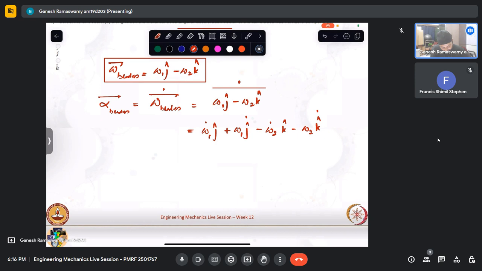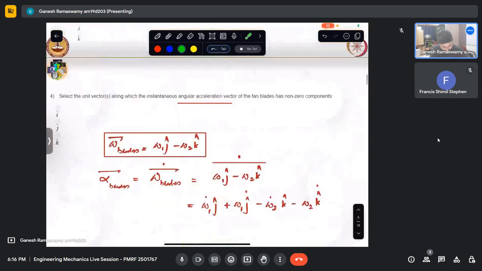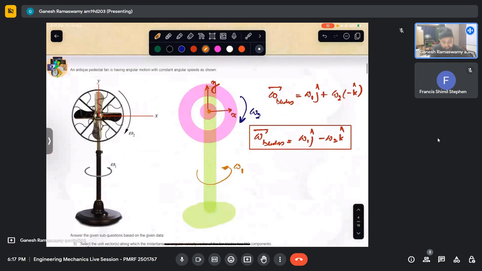Now we have been given in the question that all are dealing with constant angular speeds, which means no magnitude change. None of the magnitudes change. What does that imply? That this quantity is 0, this quantity is 0, because no change in speed. Now next we need to see which is the vector that changes with time.